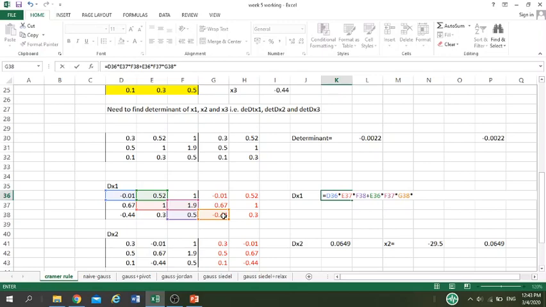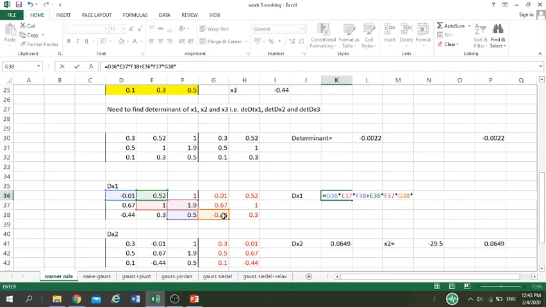Of course, in a real situation, we have to do this manually. But in this particular case, for the sake of demonstrating to you, I use Excel so that you can see the work clearly and also to avoid error.